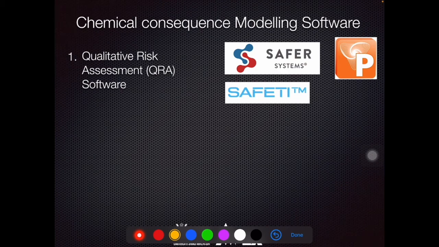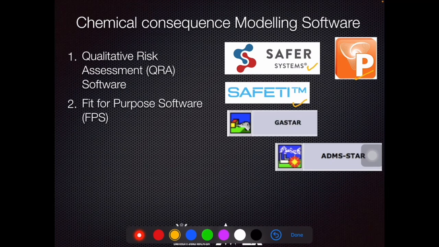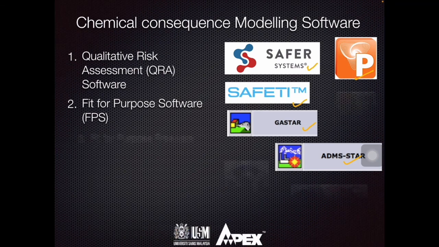There are several types of chemical consequence modeling software. There are quantitative risk assessment software, QRA, such as the SAFER system, the FAST system, and the SAFETI. There are fit-for-purpose software for emergency situations or a type of gas dispersion only, such as GASTAR or ADMS-STAR.